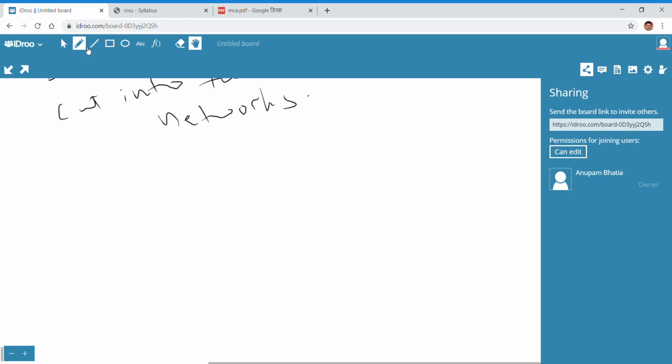Now we shall start with the interconnection topologies.